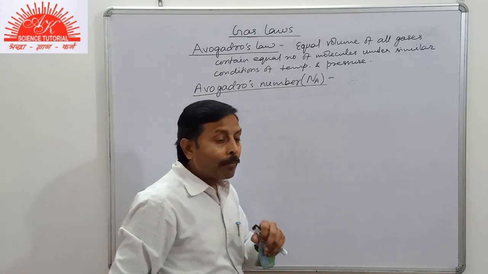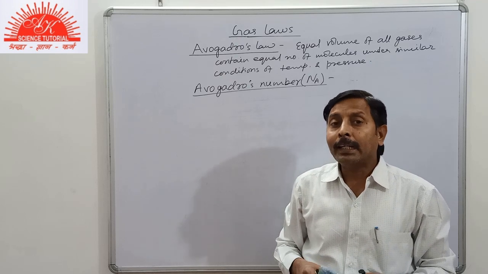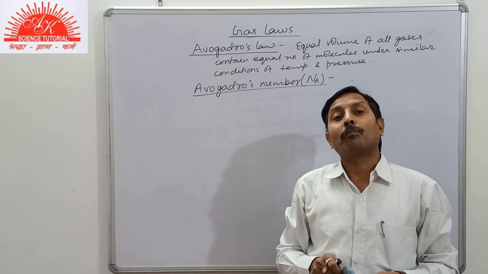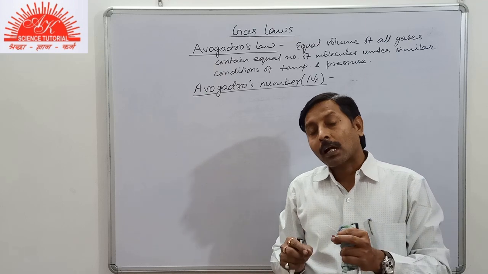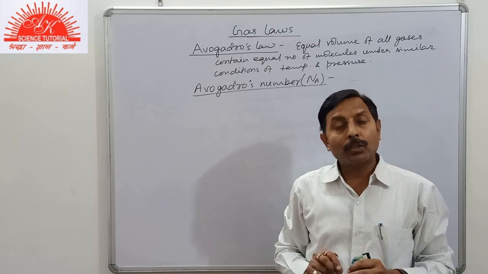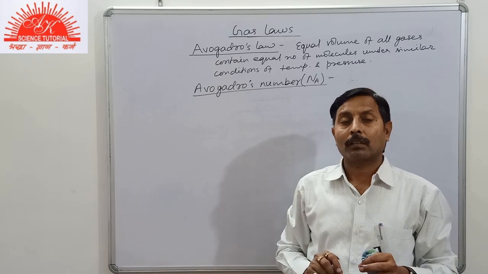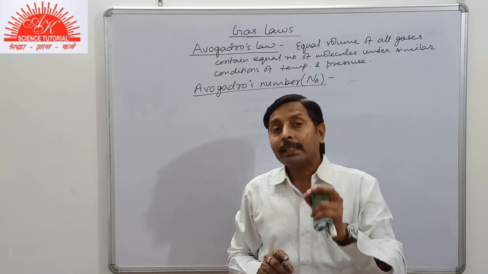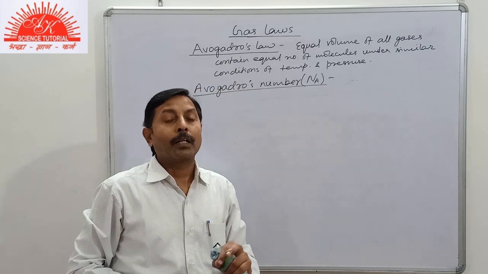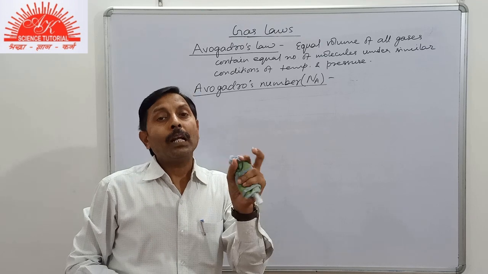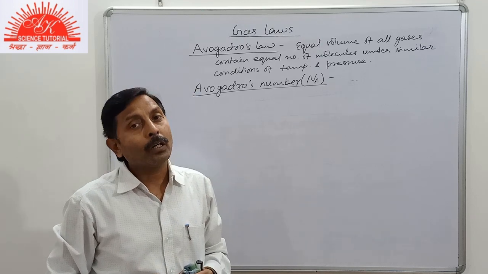So it is the number of molecules contained in a certain fixed amount of material. And as we know, carbon 12, C12, is taken as the standard element. Therefore, it is said that the number of atoms present in 12 gram of carbon C12 is called Avogadro's number.